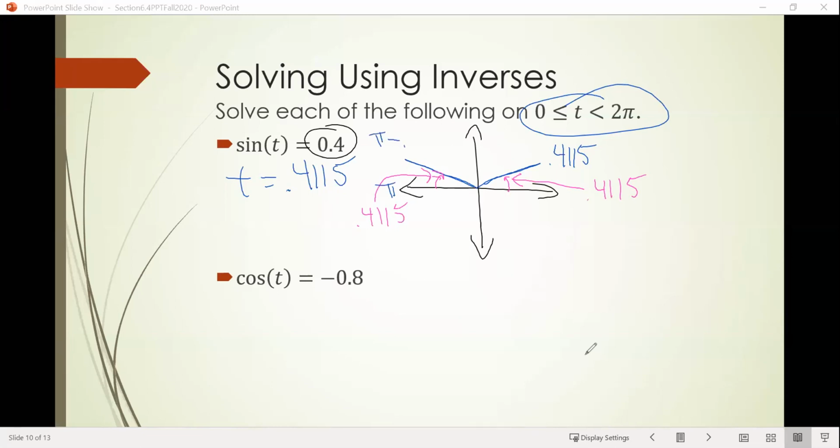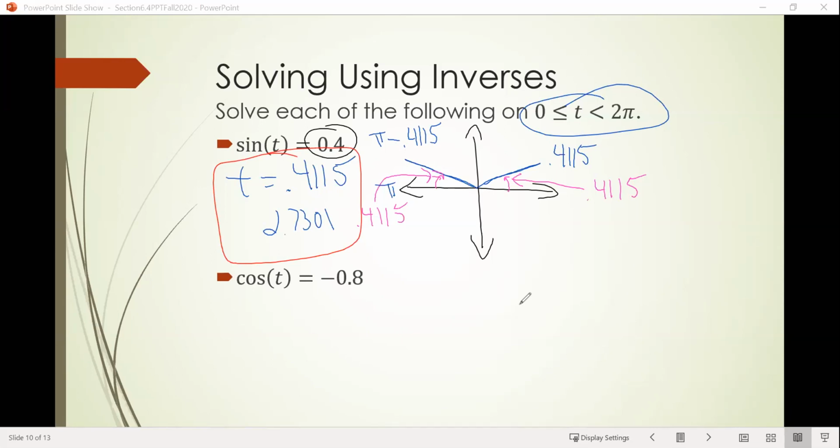Let's do pi minus 0.4115. And when we do that in the calculator, I get that the second answer here is 2.7301.